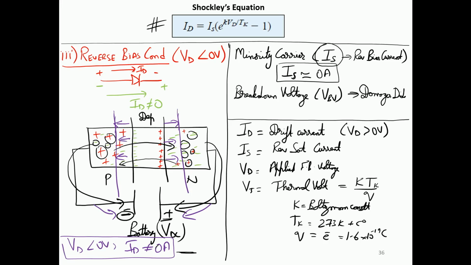So this is the constant that is normally given. Boltzmann constant is basically 1.38 into 10 raised to power minus 23 joules per kelvin. So this is a constant value that is provided by the manufacturer or the vendor's data sheet.